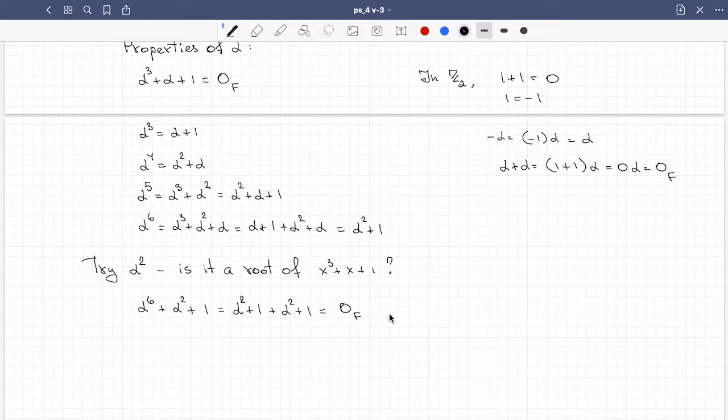The answer is yes. Alpha squared is a root. And obviously alpha squared is an element of F.